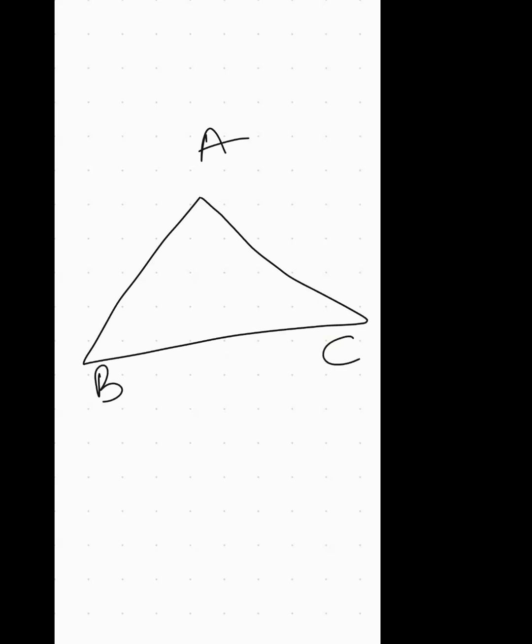Who will tell me what the median is? It divides the triangle into half. Yeah. We had to draw a median from point B. So half of AC is like this, and the median will be like this.